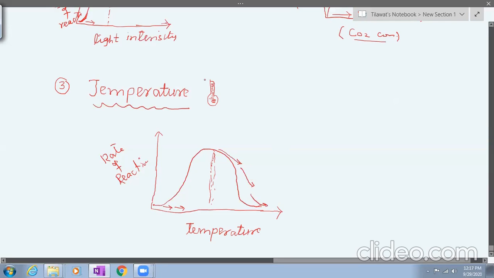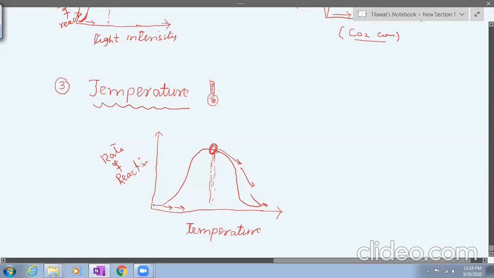Why? Because initially, when I was increasing temperature, it was increasing the activity of the enzyme and the kinetic energy of the enzyme and substrate, so there was more collision and the rate of reaction gradually increased. More collisions between enzyme and substrate meant the enzyme was able to convert substrate into product. At this point it was the optimum, the maximum conversion of substrate into product.